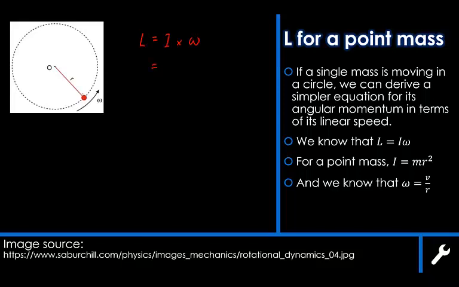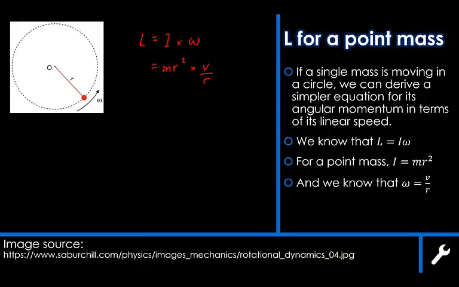Because all of the mass is concentrated at a radius r for the point mass, its rotational inertia is m r squared, and we're going to multiply that by the angular velocity omega, but we know that omega is just going to be the linear speed of the point mass divided by the radius as we defined earlier, v over r.